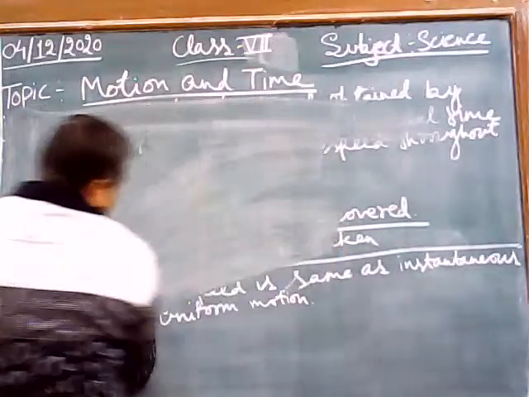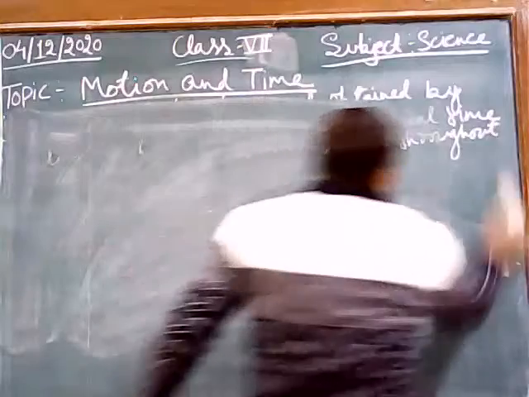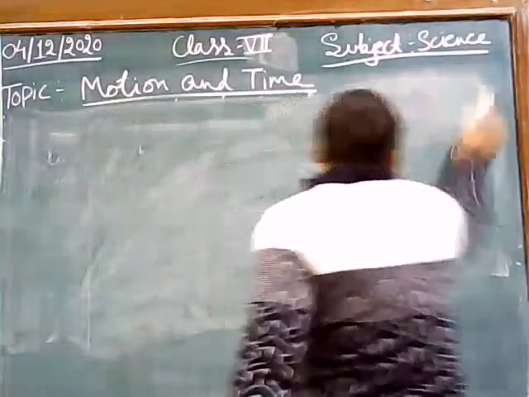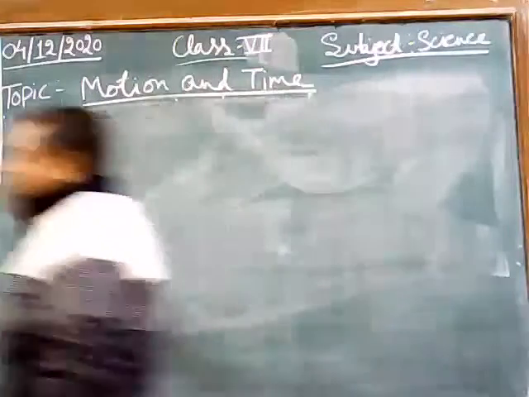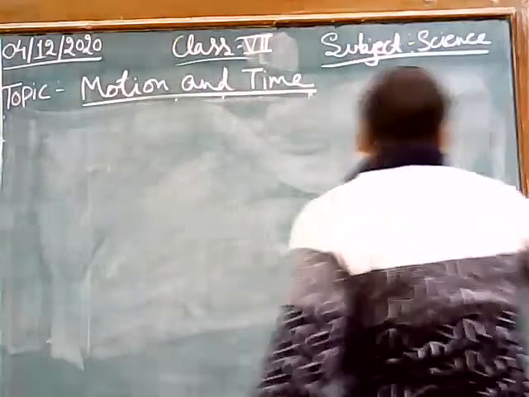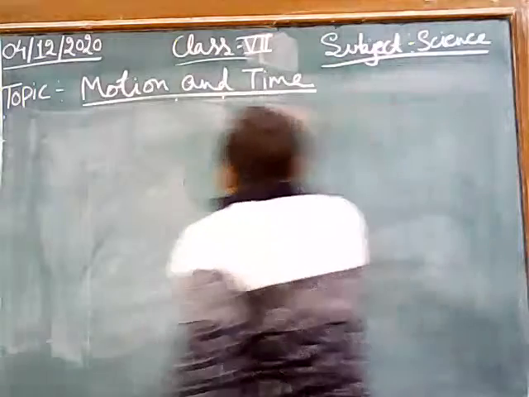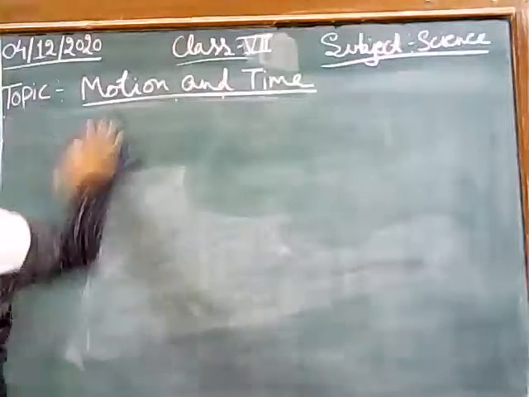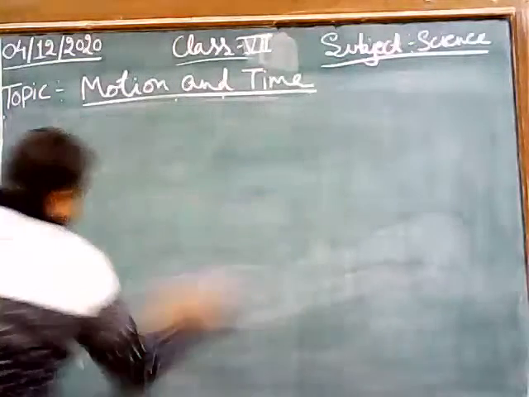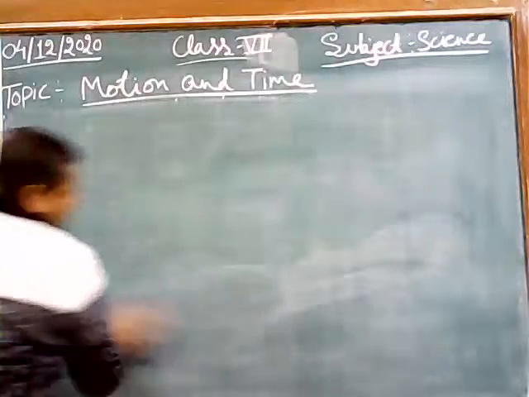Measurement of time. So time is measured by periodic motion. See, in olden days, our ancestors used to find the time by seeing the sun.